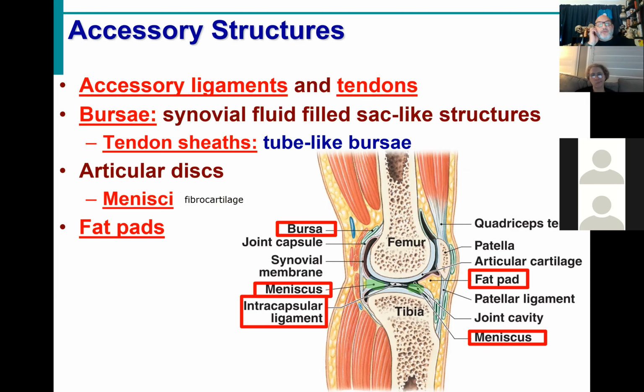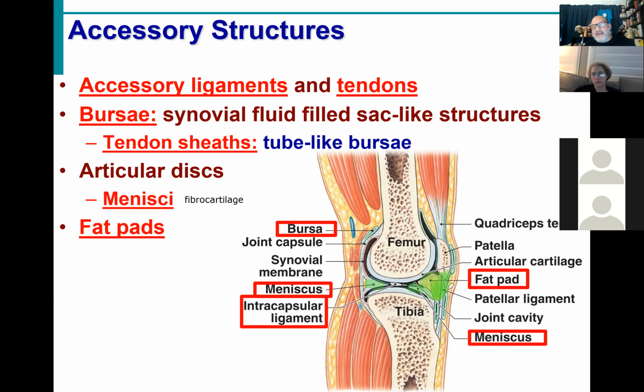And fibrocartilage isn't the only thing that can provide cushions within a joint. Some joints will have a fat pad. Guess what a fat pad is made up of? Adipose. Yeah, adipose tissue, absolutely. Notice in this case, in the knee, we have this peripheral bone to the knee, the patella, that as you flex and extend your knee, that patella could potentially bang against the anterior part of the tibia.